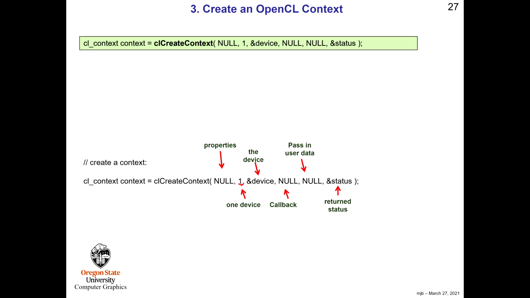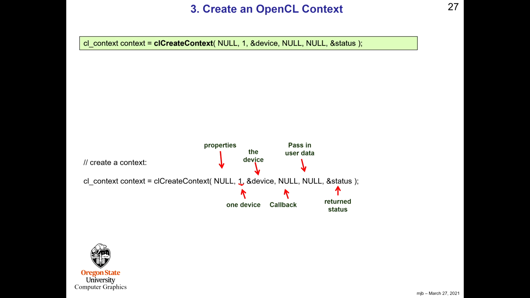And by the way, I'm assuming by this point you've figured out what platform and device you're going to do this on. I have some code about trying to figure out the proper OpenCL device, and I will give that to you. Basically, it looks through all the platforms, all the devices, and kind of says, okay, which is the most powerful? And that's the one I want to use. So I'm assuming you already know that.